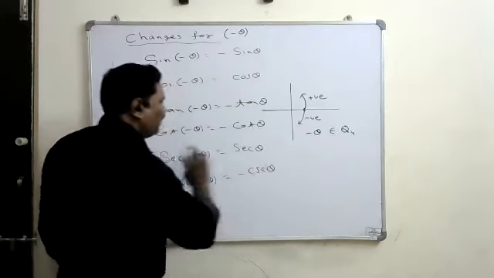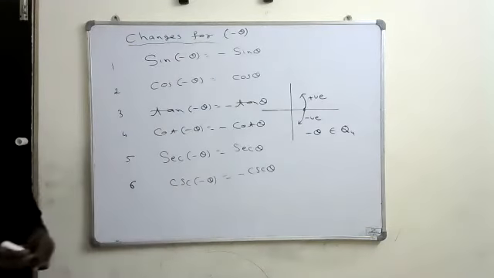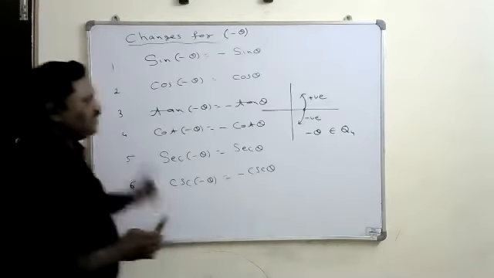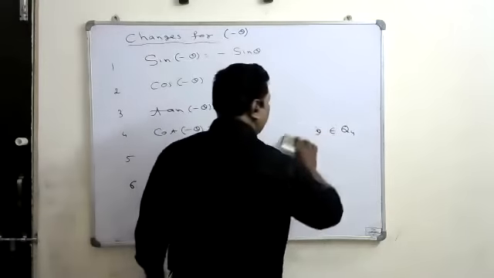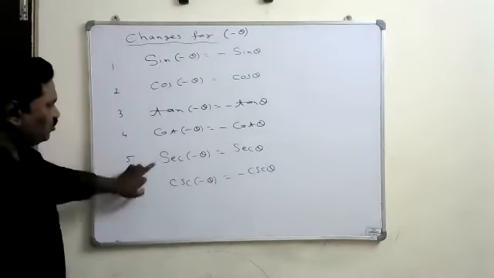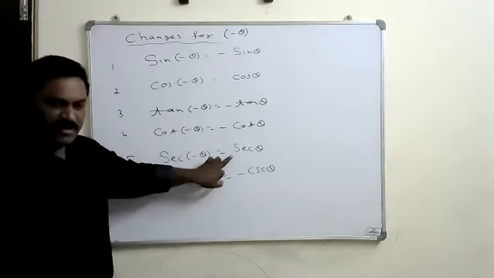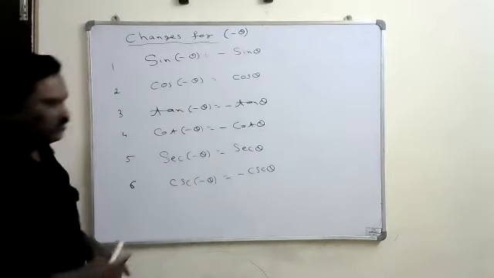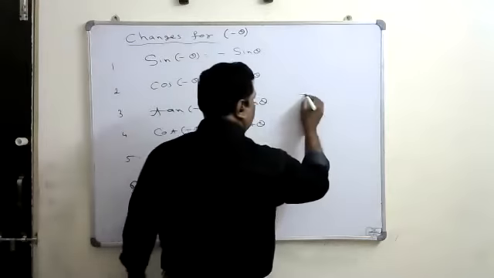For the angle minus theta, the functions are going to change like that, because minus theta lies in the fourth quadrant. In the fourth quadrant, cos and secant are positive. So these will have the positive sign, and the remaining will have the negative sign.